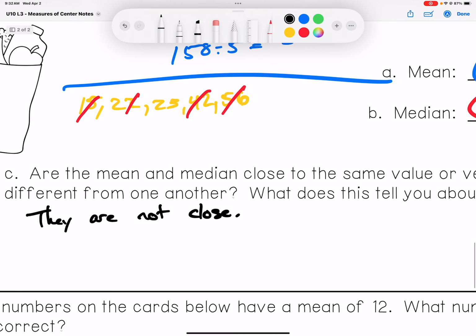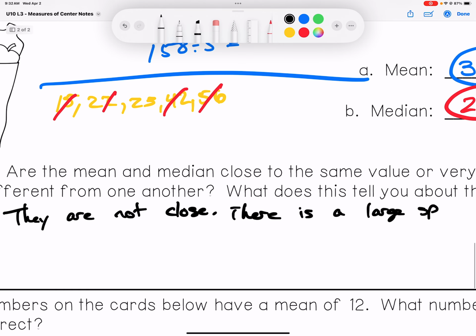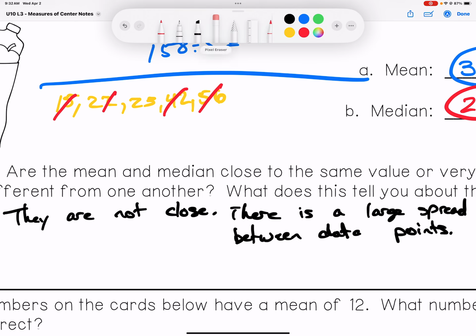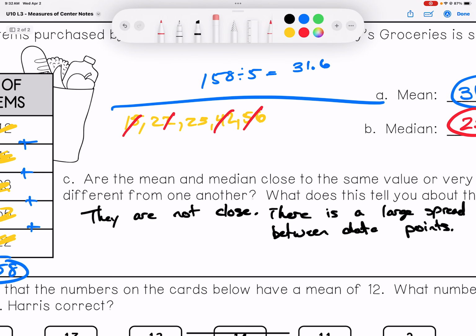What it means is there is a large spread between data points, which means the data just varies significantly. Some people bought a lot of groceries, some people didn't buy very many. That's all it means.